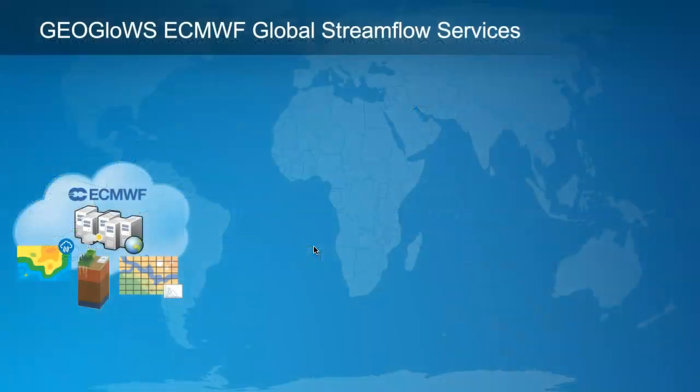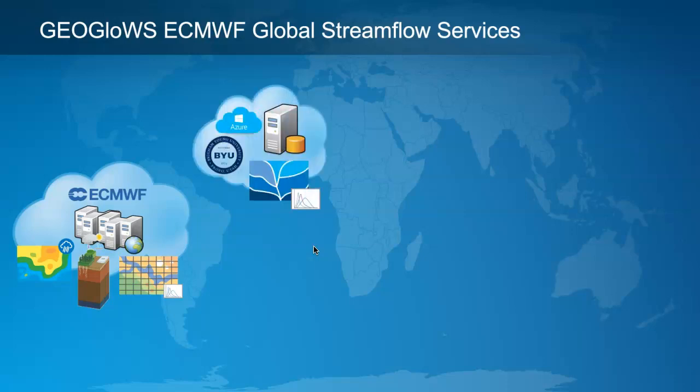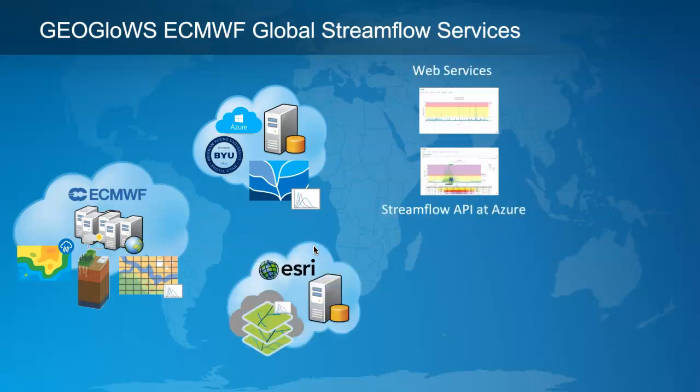So again, back to my example for our project, just to illustrate how this works. We work with ECMWF and develop, they provide a gridded rainfall runoff or surface runoff product, which we downscale and map to rivers and then route through a river network throughout the world so that we can provide services.